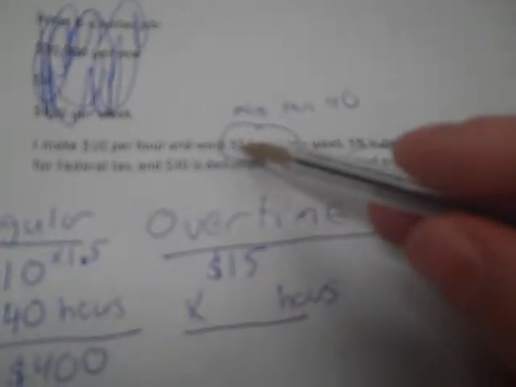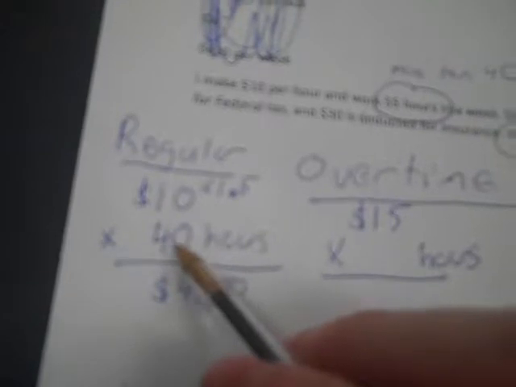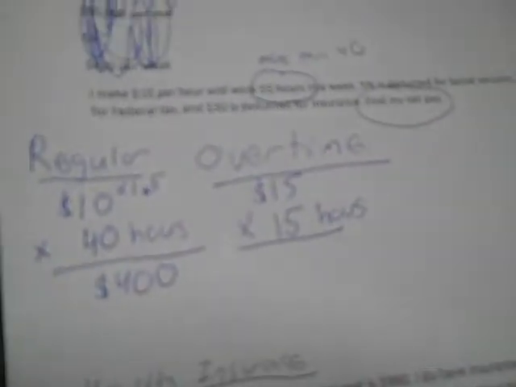To find the hours, I take 55 minus 40, okay? So 55 minus 40 is 15. So that's how many hours he gets. Okay, so I take 15 times 15, and that's 225.